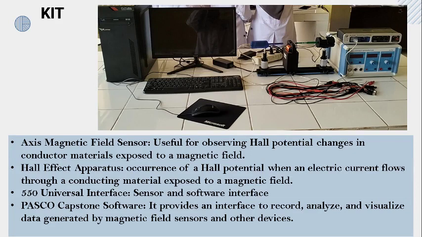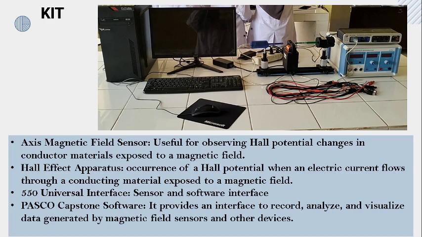First, we will prepare the necessary tools and materials. Here we use an experimental kit from Pasco, and the tools are 1. 2-axis magnetic field sensor, used in Hall effect practicum to detect and measure magnetic field in 2 axes. Usable for observing Hall potential change in conductor materials exposed to a magnetic field. 2.